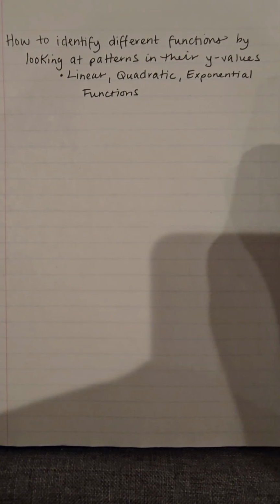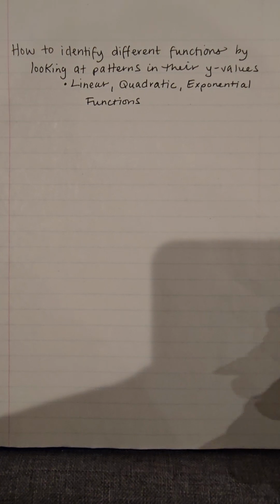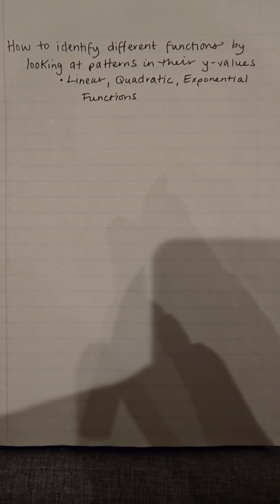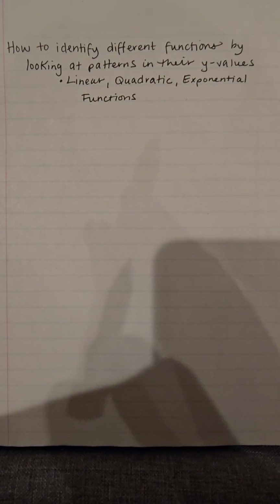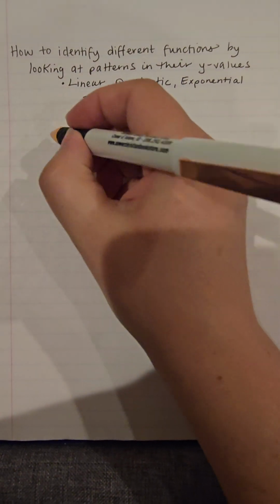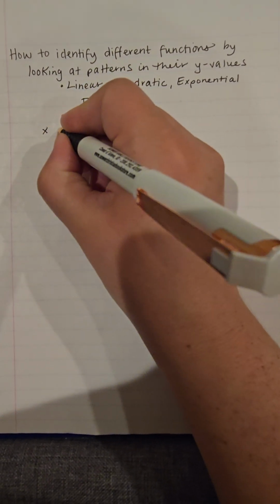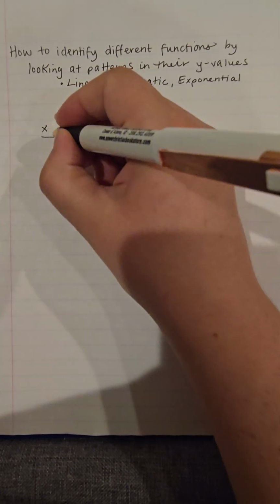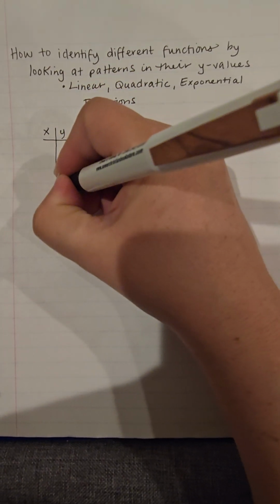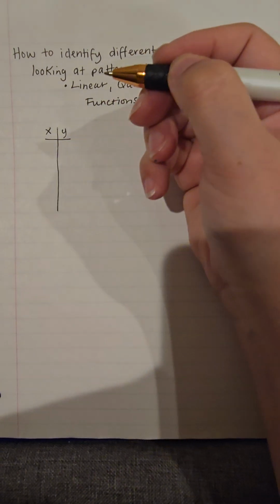There are a couple of different rules that I'm about to show you, but these rules only apply when the x values are separated by one value. So, for example, we're going to have a little table here. You have your x and y table, and we're going to have 5 sets.